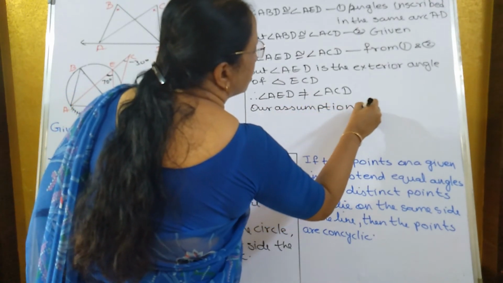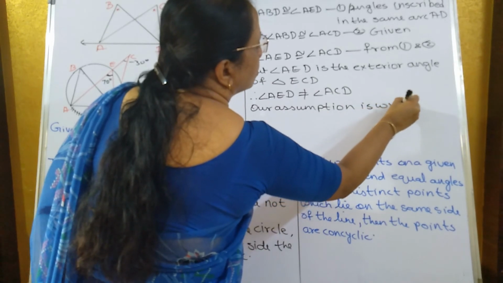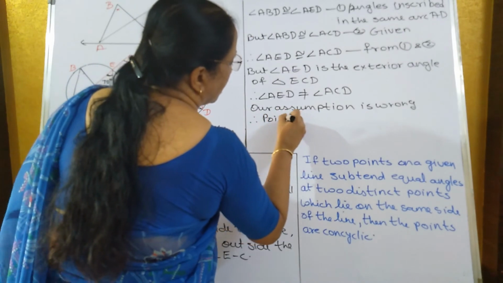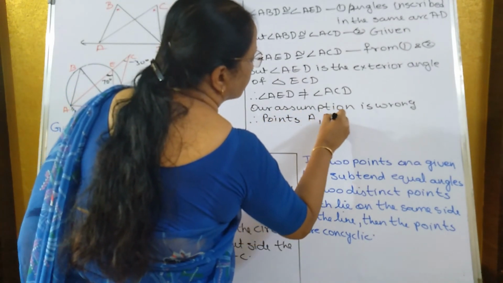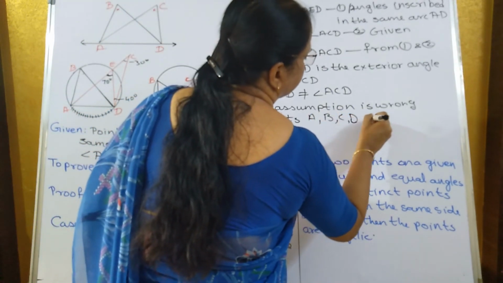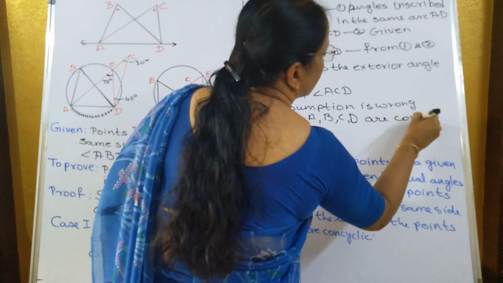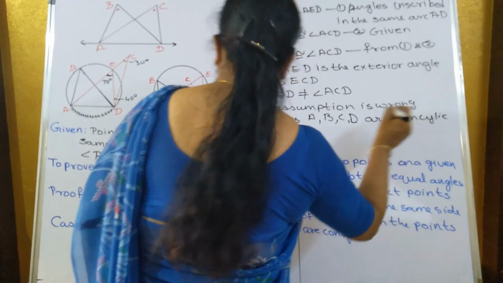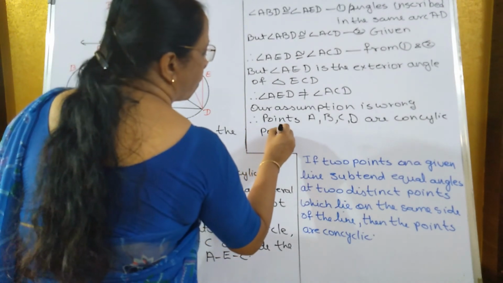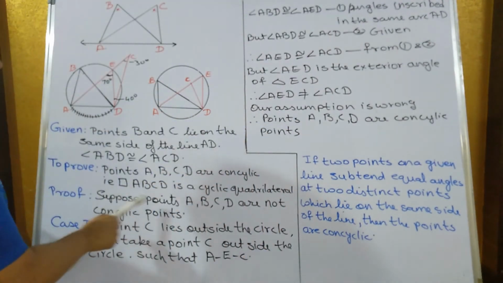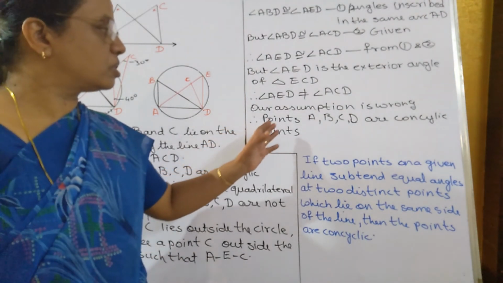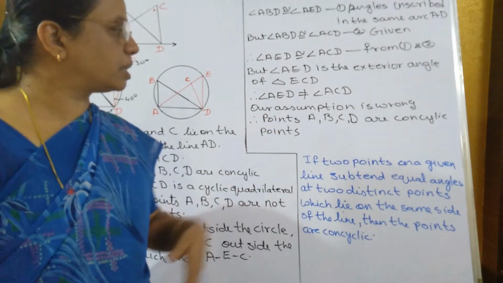Therefore, points A, B, C, D are concyclic points. We had assumed that they are not concyclic, so that assumption is wrong.